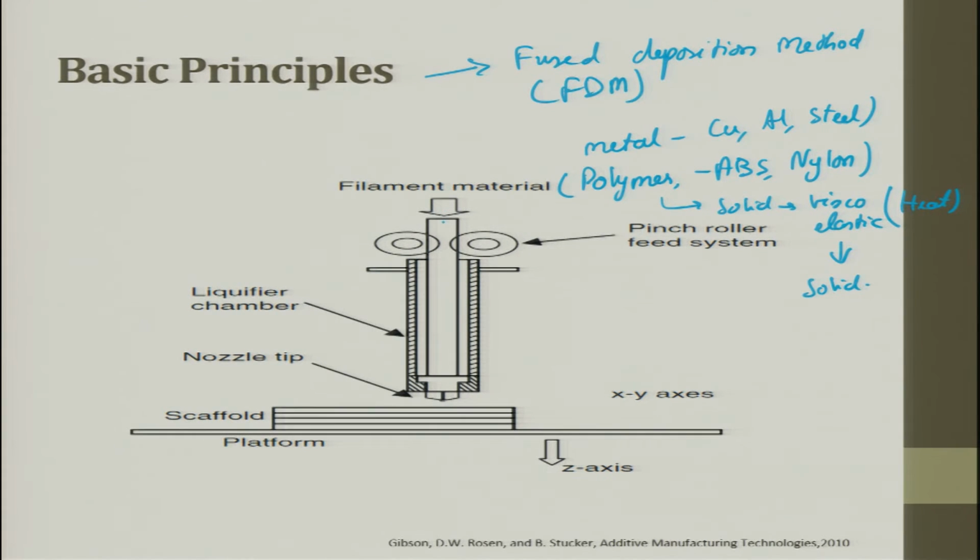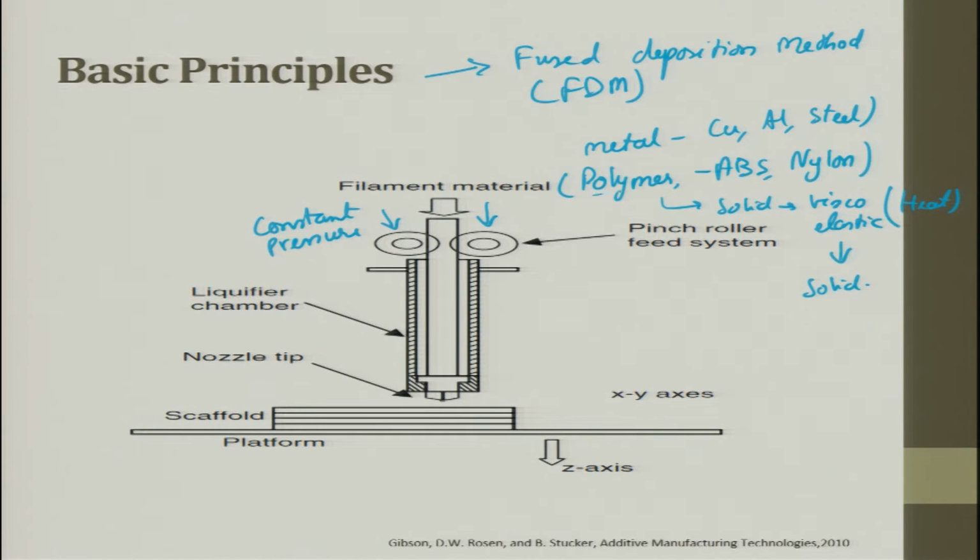Okay, so in order to have a proper tension, constant pressure of feeding, we use this pinch roller. This is for constant pressure. You remember in the cake icing example, we talked about constant pressure. So these two pinch rollers try to give a proper tension to the wire such that the wire moves inside the nozzle.